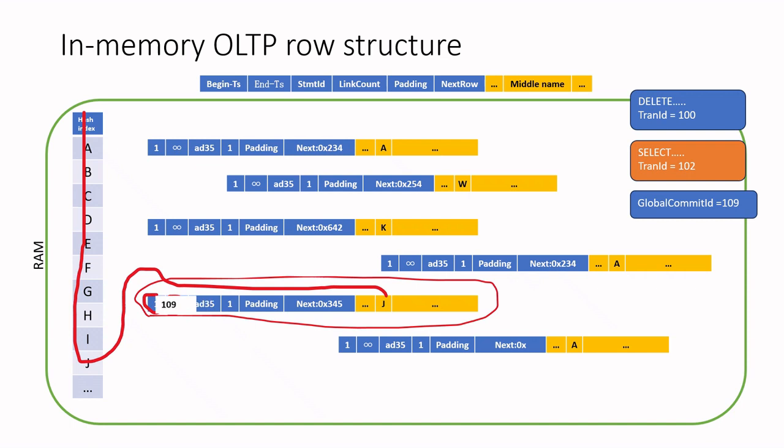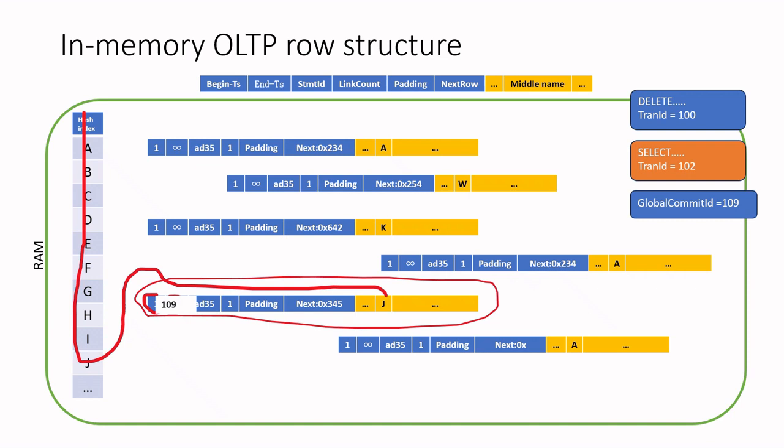Afterwards, any select statement which is trying to read the same row ignores this row because there is a commit timestamp now. This is how MVCC works. This is how read-write conflict is resolved without any lock and latch.